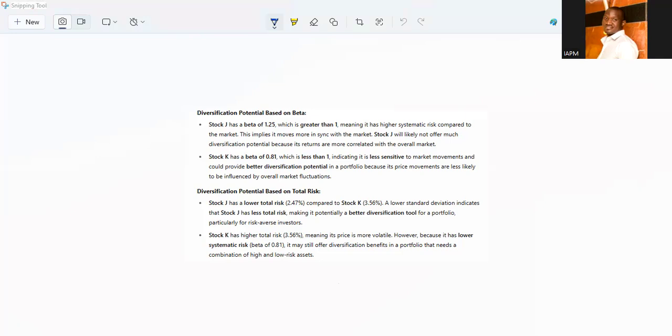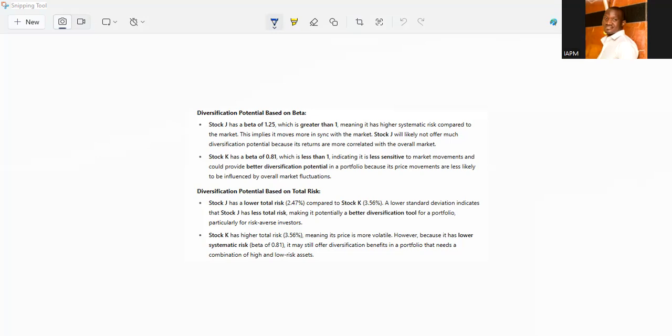So in summary, stock J, given that it has a higher beta of 1.25, is more sensitive to market movements, and its diversification potential in the portfolio is lower. However, it has lower total risk and could still be beneficial in reducing risk in the entire portfolio. K, on the other hand, has a lower beta of 0.81, so it is less sensitive to market movements and more suitable for diversification.